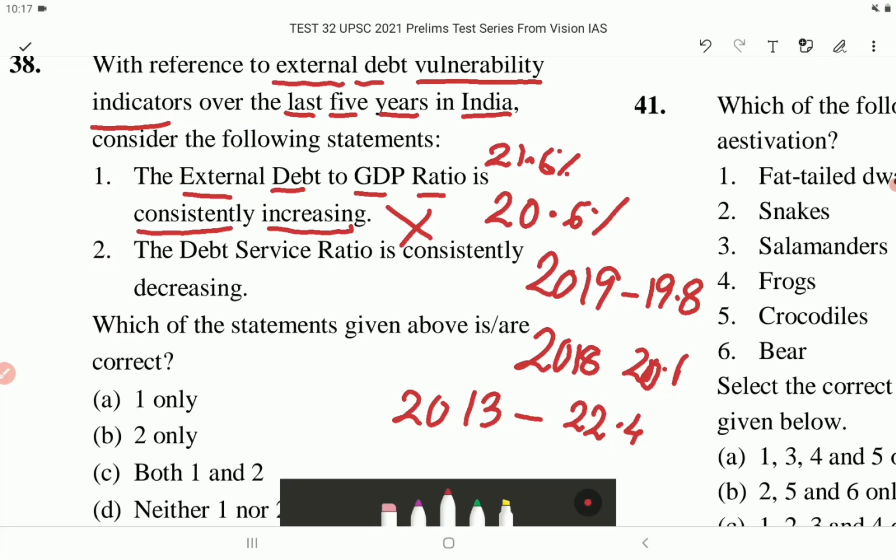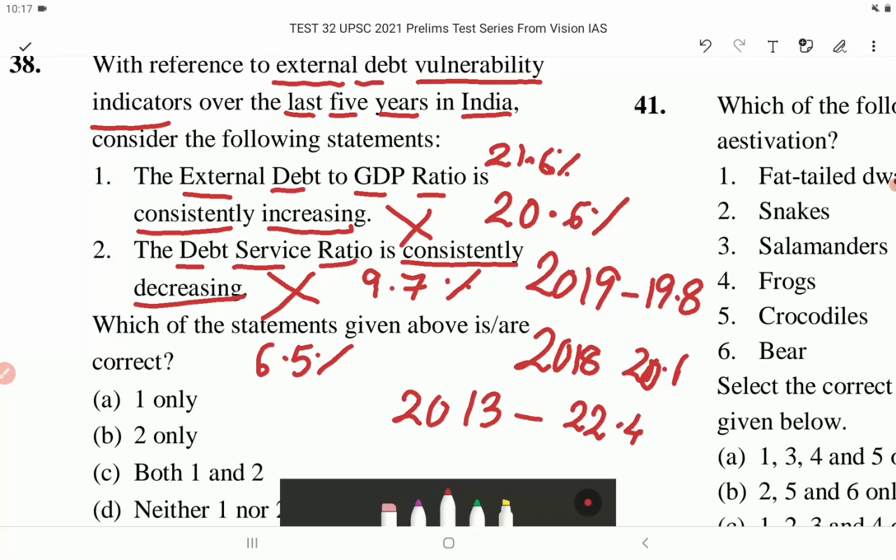Statement 2. The debt service ratio is consistently decreasing. This is incorrect. Debt service ratio, which refers to principal payment plus interest payment, has improved to 9.7% at the end of September 2020 compared to 6.5% at the end of March 2020.